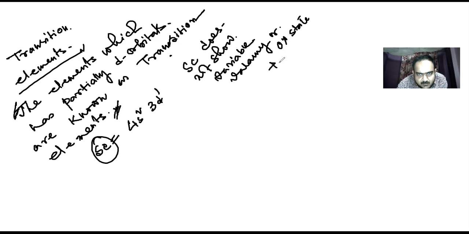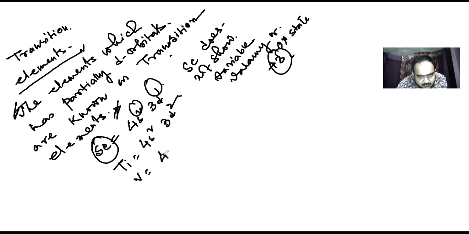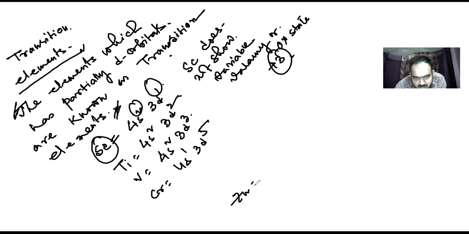The oxidation number of plus 3 is the most stable. Titanium is 4s2 3d2. Similarly, vanadium 4s2 3d3. You can see chromium 4s1 3d5. But you can see zinc, that is 4s2 3d10.